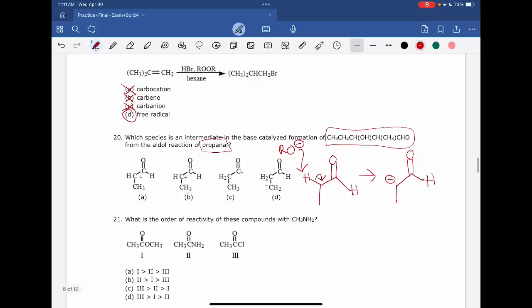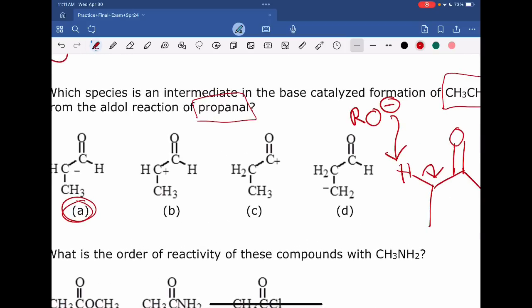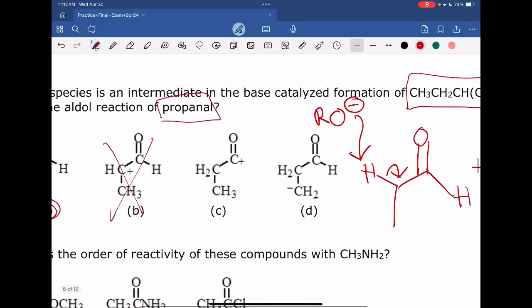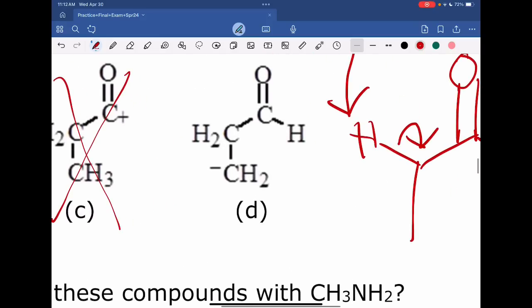So what looks like this, that's A. B doesn't make sense because why would you get a positive charge? There's just no way you get this. B doesn't make sense. C also doesn't make sense. If you took a hydrogen away from this carbon, it would form a negative charge, not a positive charge. So it doesn't even make sense to get positives. And in D, they did take a hydrogen away from this carbon, so they had this, and the base did this.